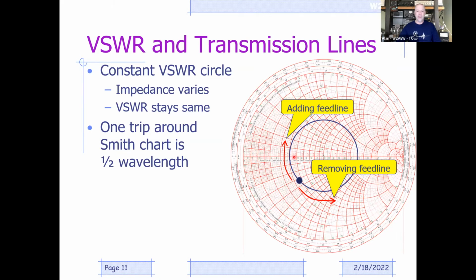If it's not a half wavelength long, then the impedance looking into the coax isn't going to be the same as the impedance looking into the antenna itself, although the SWR will be the same. Every time you go a half wavelength, you repeat the impedance.